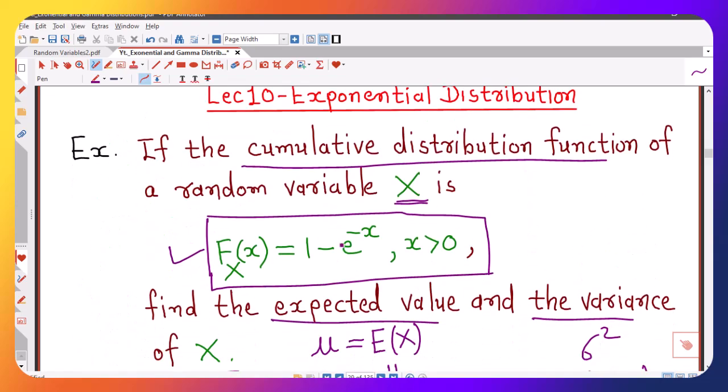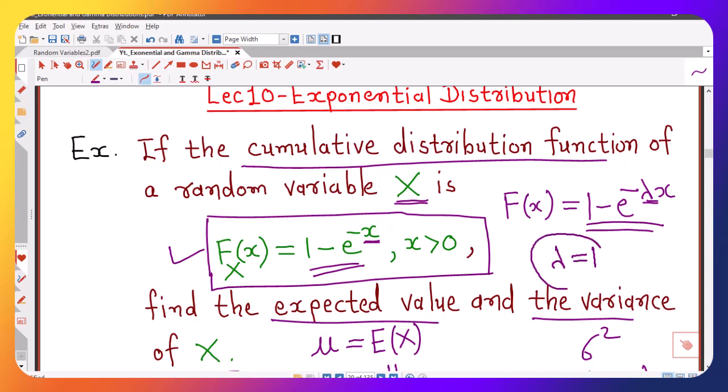So you can see given CDF is in this form, 1 minus e raised to minus lambda x. So we can compare this CDF with the CDF of exponential distribution, which is 1 minus e raised to minus lambda x. So if we compare these two functions, we can see that here coefficient of x is 1, here it is lambda. So we can say that lambda is 1.